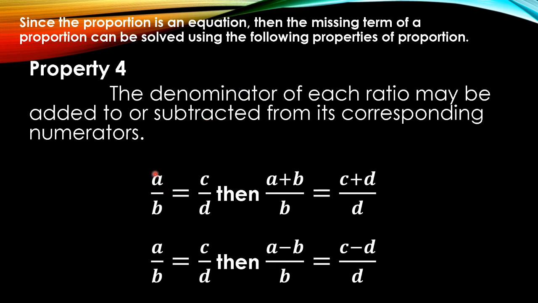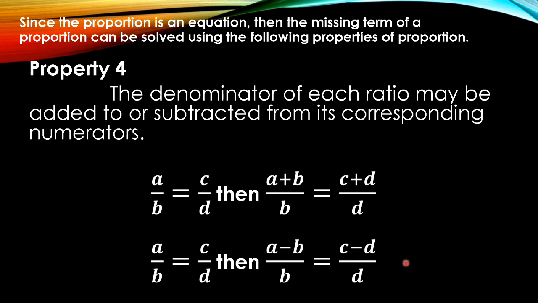So, halimbawa, meron tayong A is to B is equal to C is to D. So, pwede natin i-add yung B at D sa numerator nila. Tulad nito nakikita nyo, A plus B over B, C plus D over D. O kaya naman pwedeng subtraction yung gamitin. Tulad nito, A minus B over B is equal to C minus D over D.